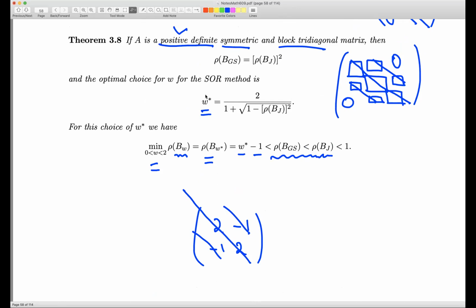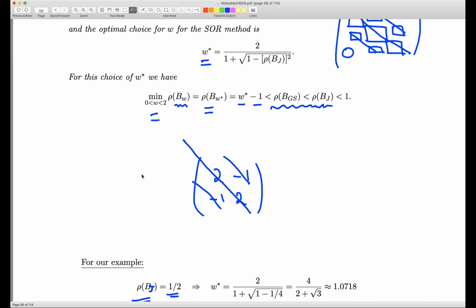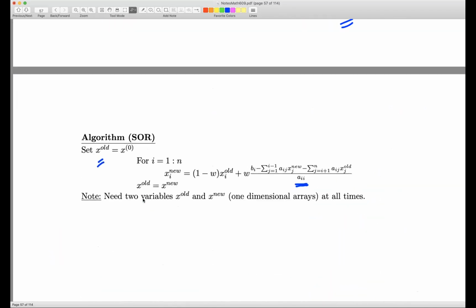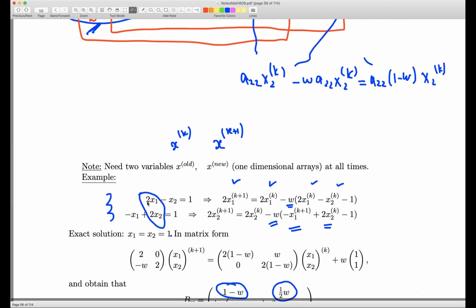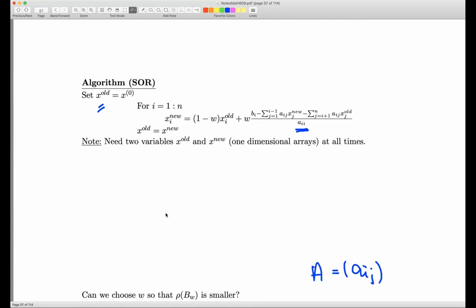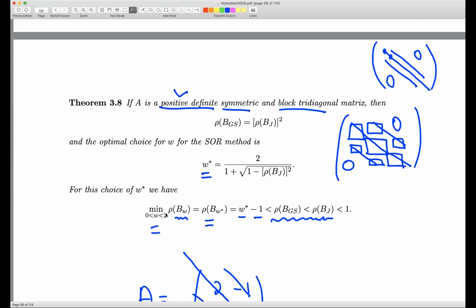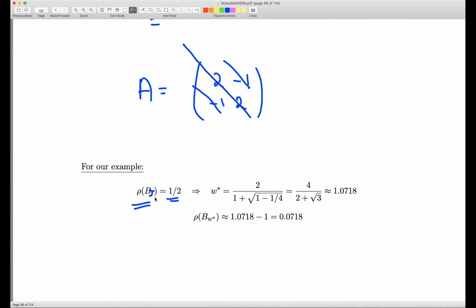And therefore we can compute, for this matrix, the original matrix for our problem. Let me remind you what the problem was. This was the problem, and the original matrix was 2, minus 1, minus 1, 2. We computed for this matrix the spectral radius of the Jacobi matrix, and this was 1/2.